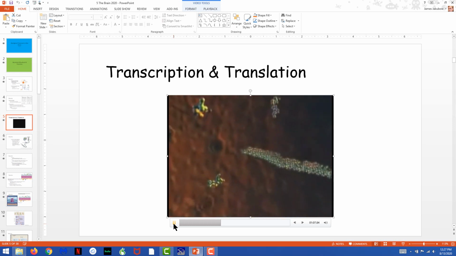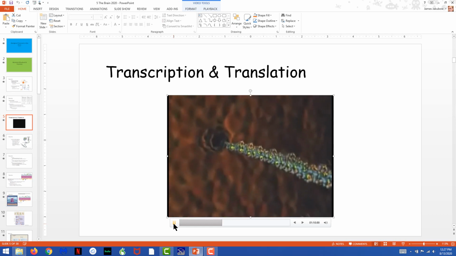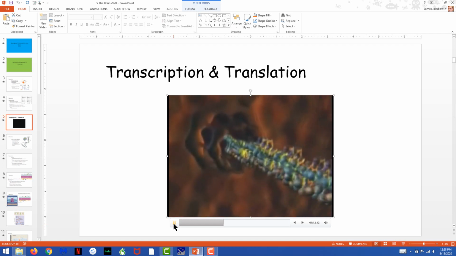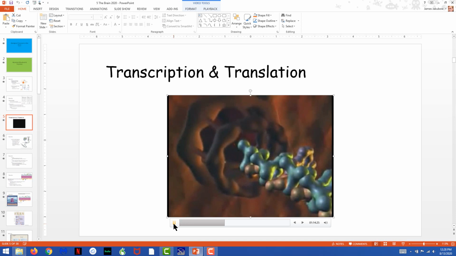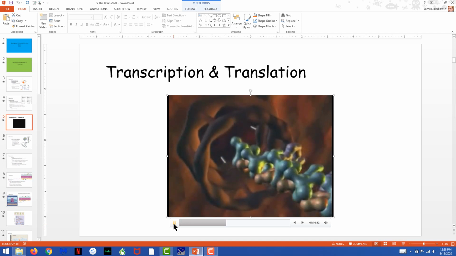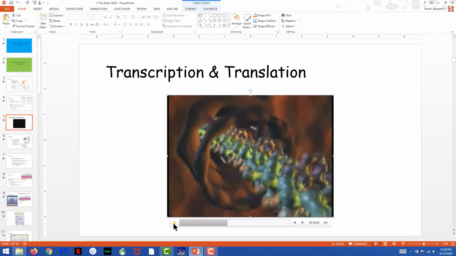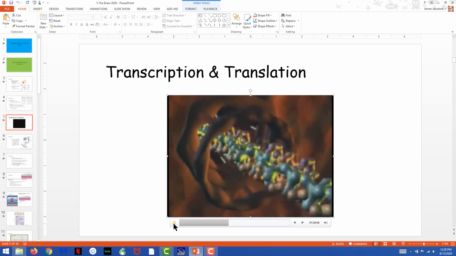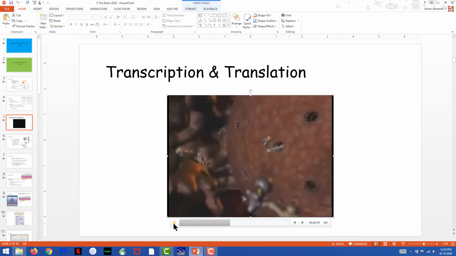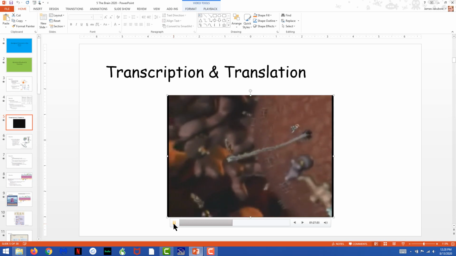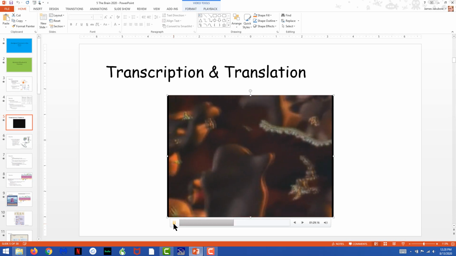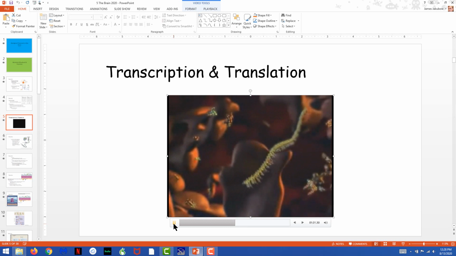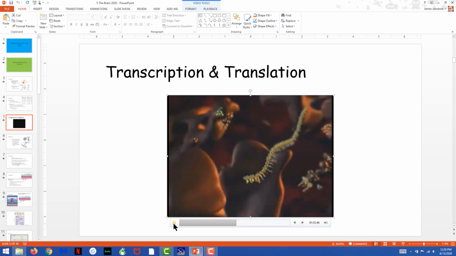When transcription is complete, the slender RNA strand carries the genetic information through the nuclear pore complex, the gatekeeper for traffic in and out of the cell nucleus. The messenger RNA strand is directed to a two-part molecule called a ribosome.